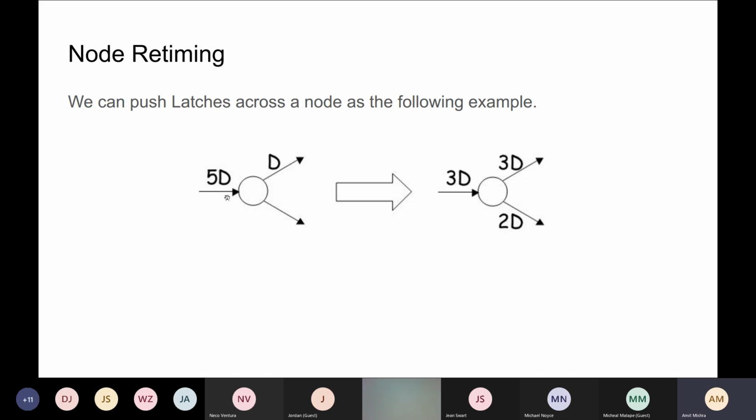In this particular case, the incoming edge had 5 delays, and one of the outgoing edges had 1 delay, the other one had no delays. If you reduce the 5 delays into 3 delays, you have to push 2 delays into each of the outgoing edges. So the 1D becomes 3D, and where there is no delay, it becomes 2D.